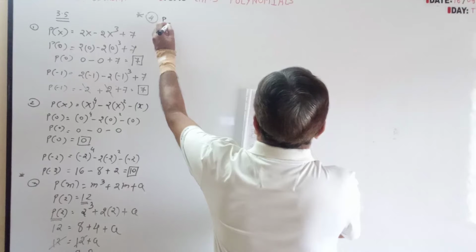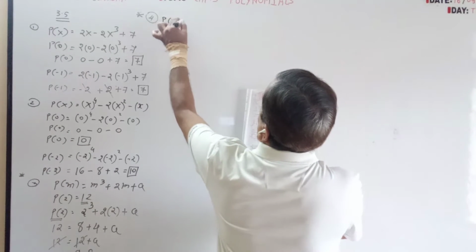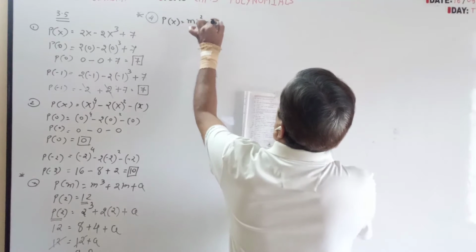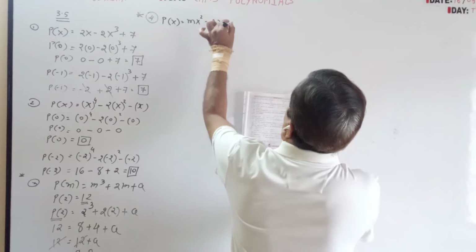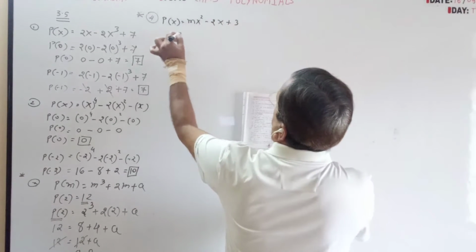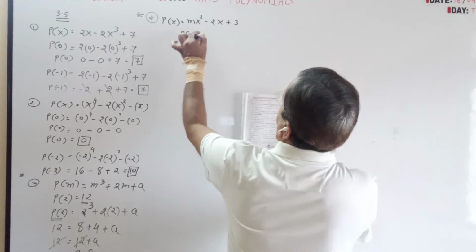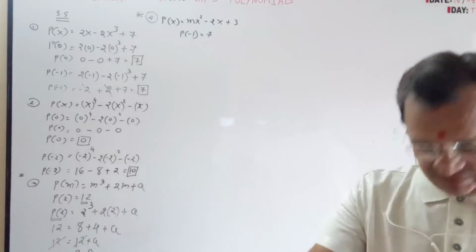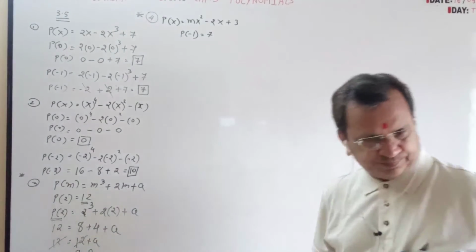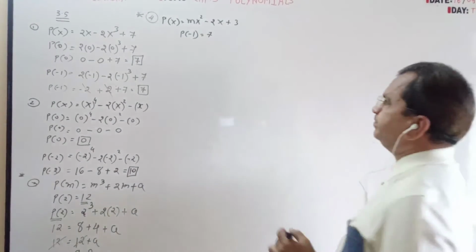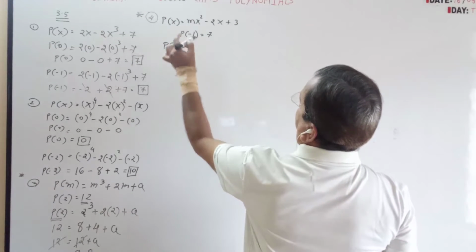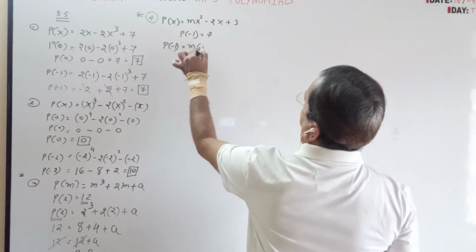Polynomial with x, it is mx square minus 2x plus 3. If you substitute minus 1, the overall answer will be 7. So p of minus 1 is for x only, not for m.